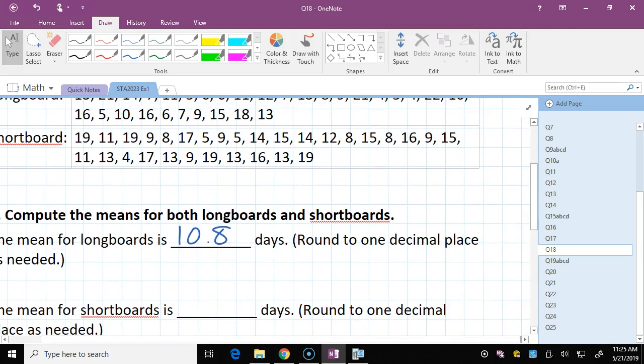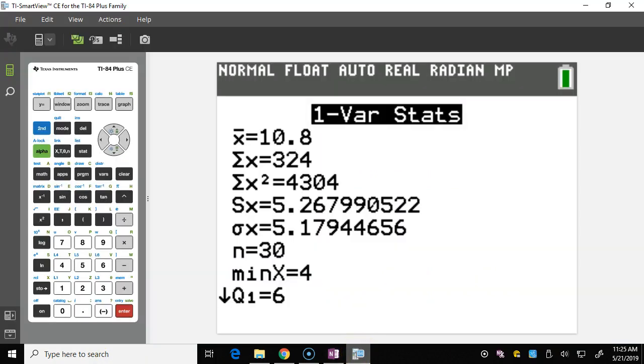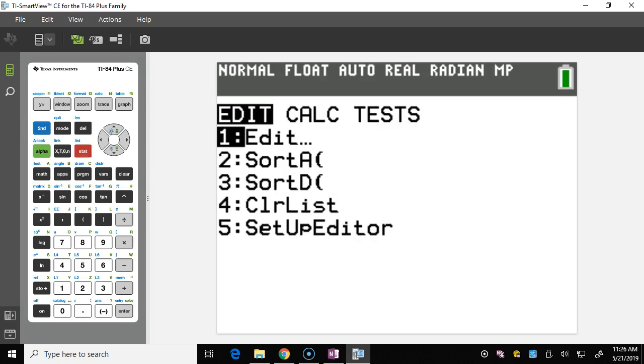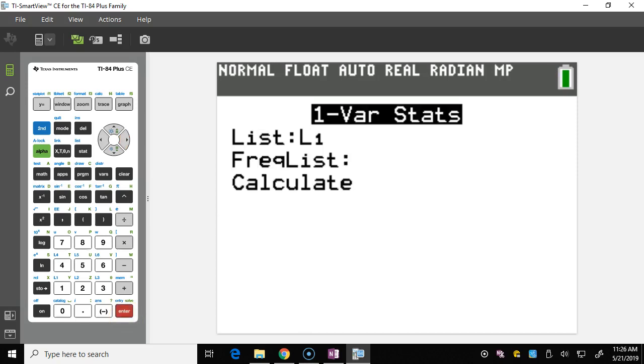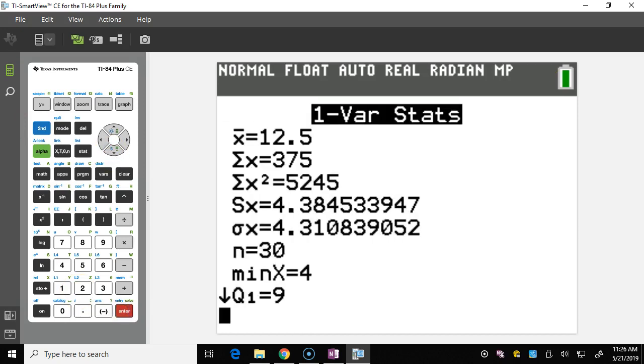Okay. So now we're going to do the shortboarders real quick. This is the longest problem because of all the data that you have to deal with. So stat, calculate, one variable statistics, change L1 to L2. So second 2, and now scroll down to calculate and hit enter. What is the mean for shortboarders? 12.5.